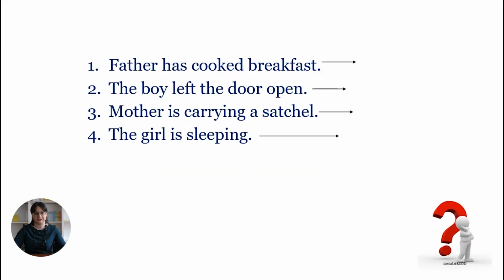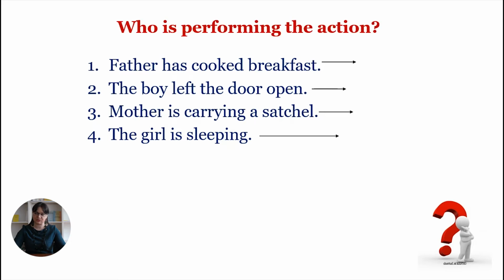Let's look closer at these sentences. Father has cooked breakfast. The boy left the door open. Mother is carrying a satchel. The girl is sleeping. Who is performing the action? The first sentence.